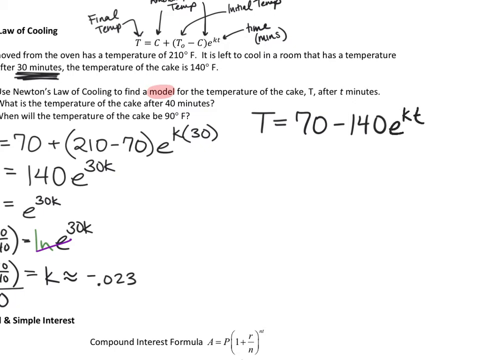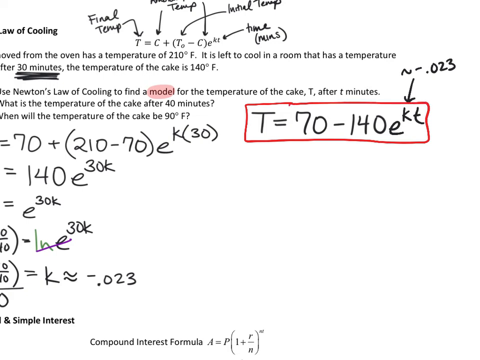We can leave it as k because we know we rounded the k value to approximately 0.023. We have that written on our paper somewhere else, so we can leave it as k. If k were prettier, we could plug it in, but it's rounded. So that's the model. It's the equation.